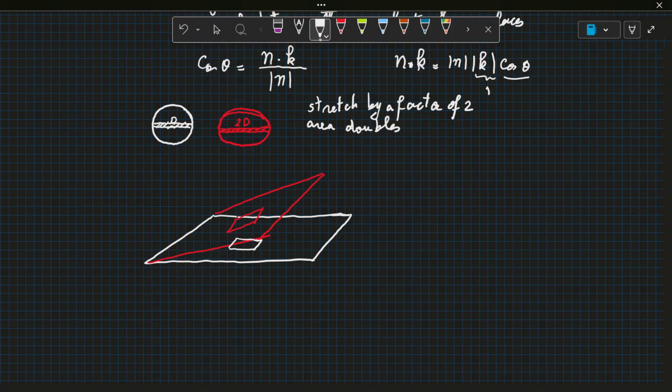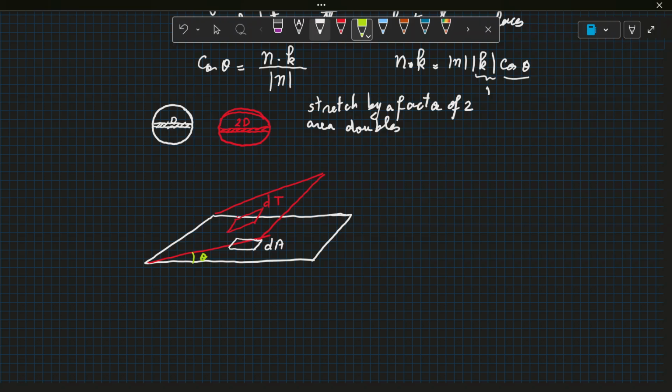Suppose the area of the white one is the element of area dA, and the area of the shape on the inclined plane is dT. And let's suppose the angle between these two planes is theta.